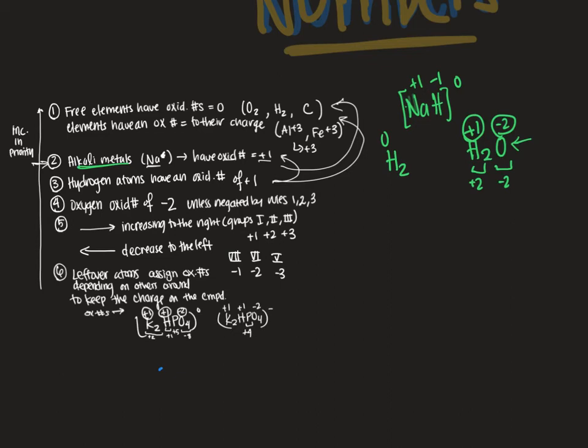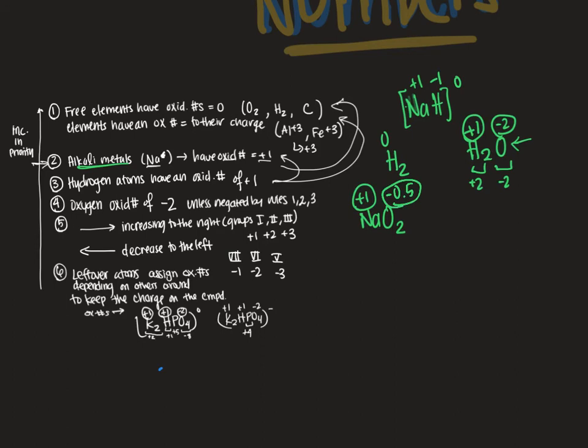All right, this one's a little weird, so let's go ahead and look at it. Sodium and then 2 oxygens. The first thing I want to think of, once again, is sodium as an alkali metal, so we're going to say it's a +1. And because of that, oxygen, to keep it neutral, has to be actually a -0.5.